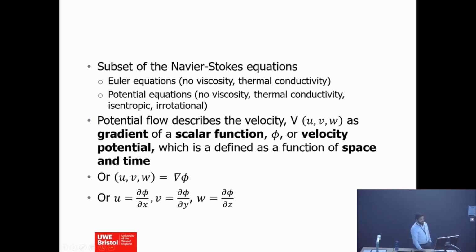In the potential equation, which is even simpler than the Euler Equations, we have no viscosity, no thermal conductivity, it's totally isentropic and irrotational. We spoke about viscosity and irrotational already. So you can see potential flow is basically a subset of the full equations, much simplified.